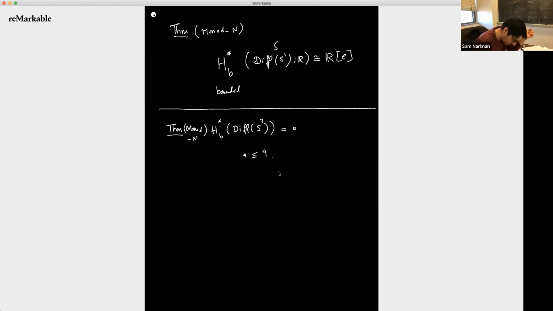This is interesting because it says that, as a corollary, the Euler class and the first Pontryagin class are not bounded for flat S3 bundles.